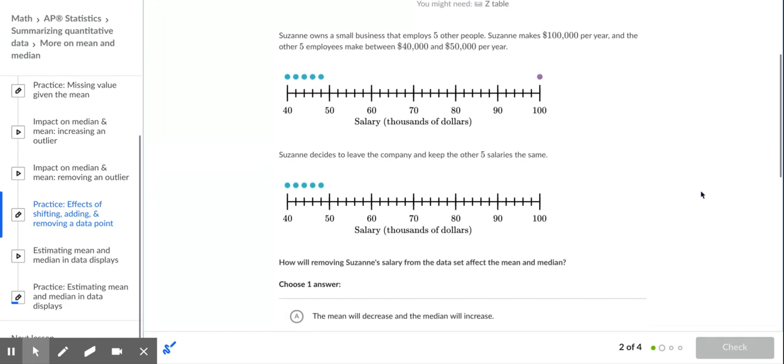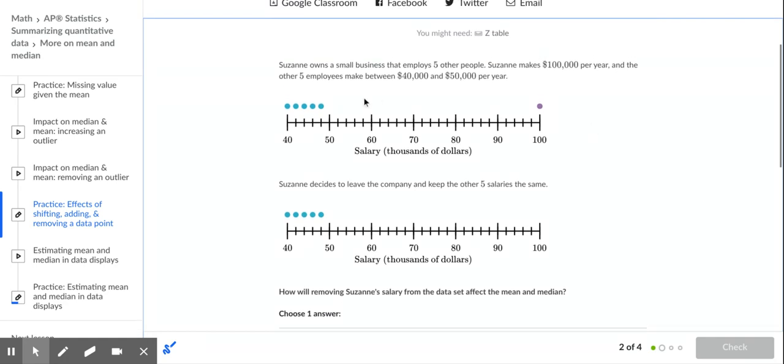So let's look at this one. Suzanne owns a small business that employs 5 other people. Suzanne makes $100,000 per year, and the 5 employees make between $40,000 and $50,000 per year.